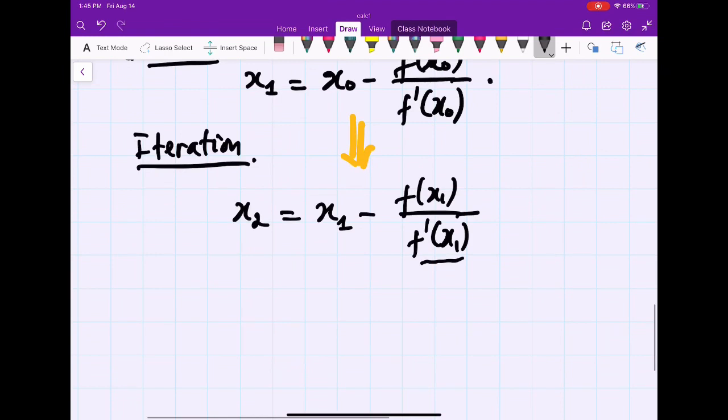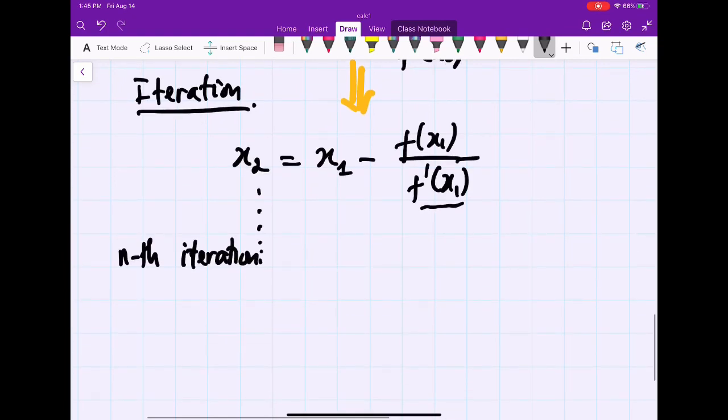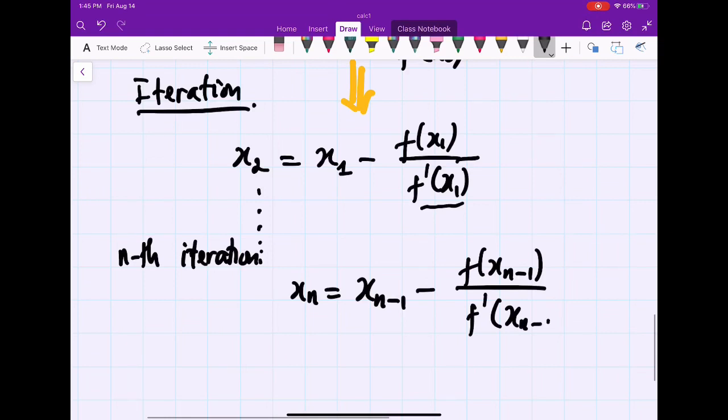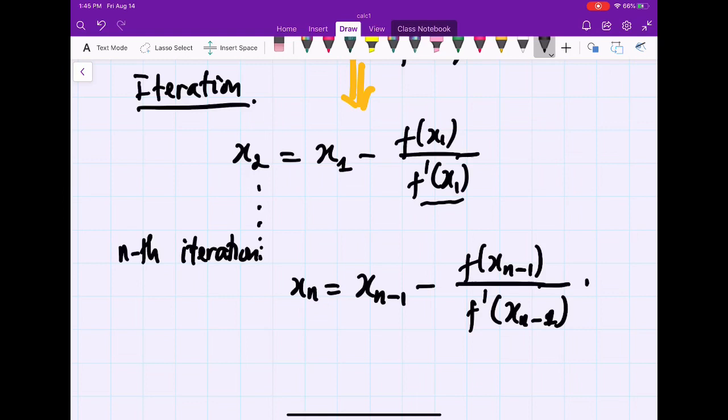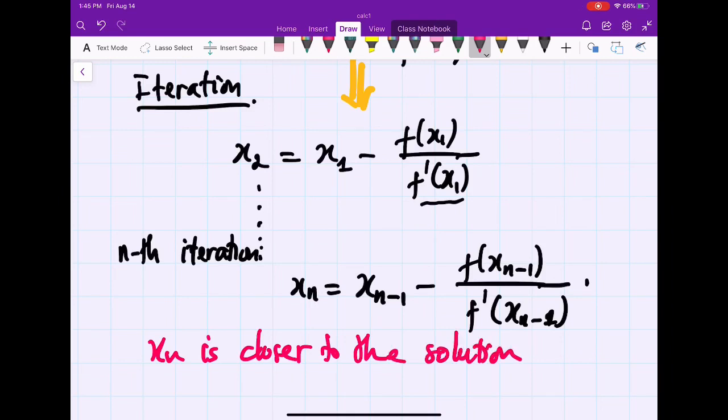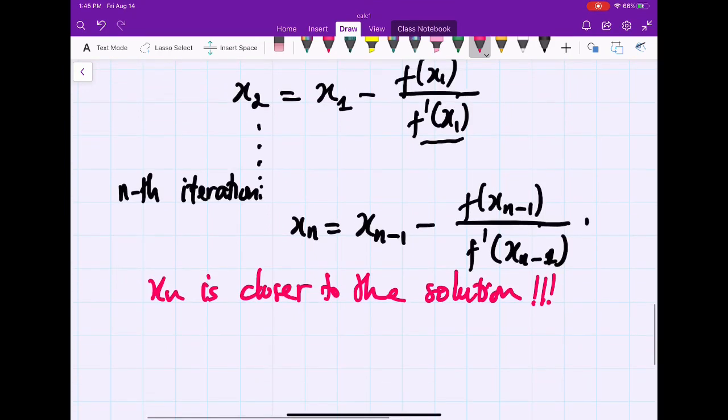And then, in the nth iteration, you might have the following one: xn equal to xn minus 1 minus f of xn minus 1 divided by f derivative of xn minus 1. You see? And of course, in this case, xn is closer to the solution as n increases.